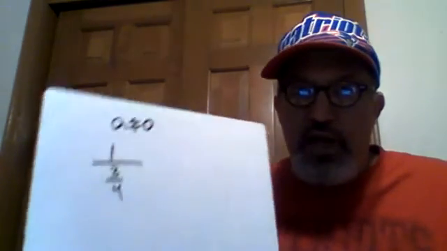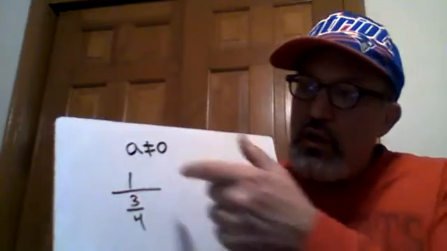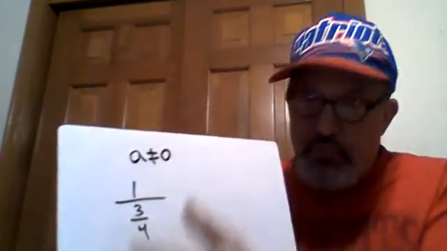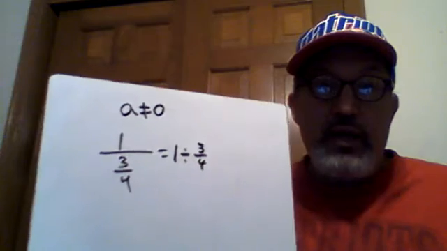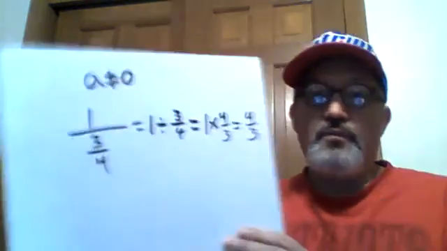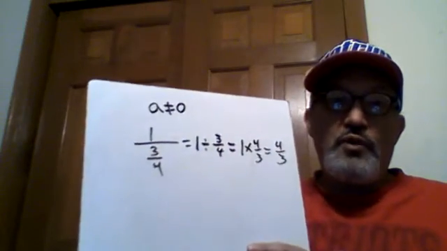Math always hangs together consistently. You've been taught that this can be thought of as a division, so this is 1 divided by 3/4, and we know that we can flip and multiply. Flip the 3/4 and multiply 1 by 4/3 to get 4/3. So 1 over 3/4 is 4/3.